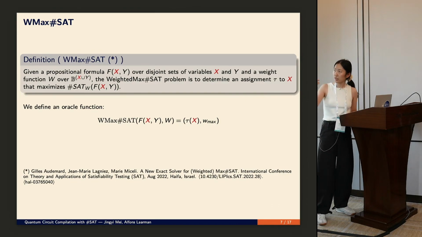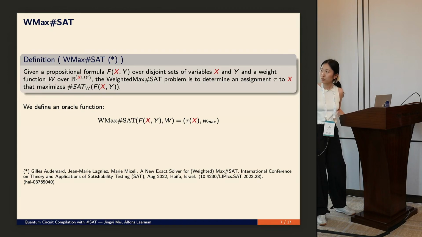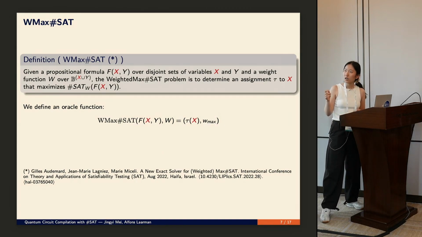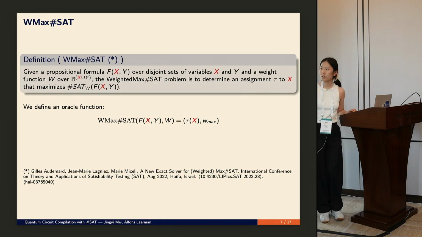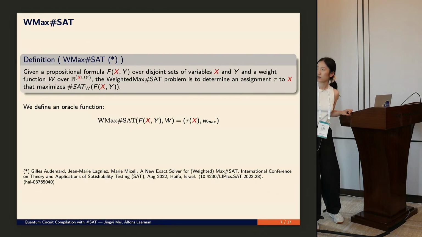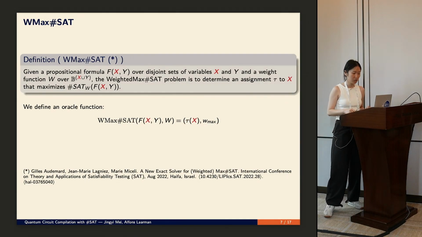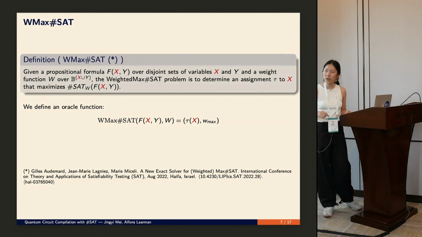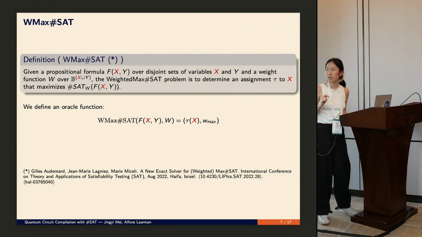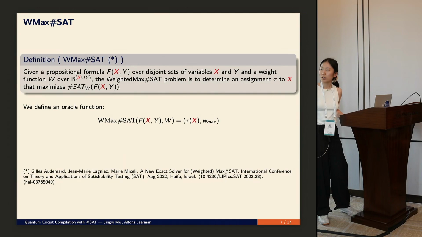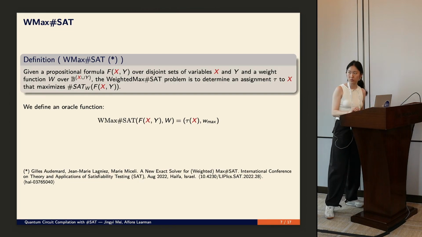But with this set X, I aim to find an assignment to X such that it maximizes the weighted model count of formula F. So we define the output of this weighted max sharp-SAT problem as a tuple, including the assignment to X that maximizes the weight of this formula, and the maximal value.